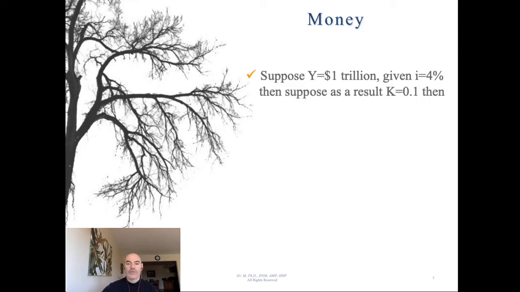Then, using the formula presented on the previous slide, demand for money is the cash balance ratio times nominal GDP, and you get demand for money in the amount of $100 billion. So the Federal Reserve must make sure that $100 billion is available at the marketplace, as it is supported by nominal GDP and the given interest rate.